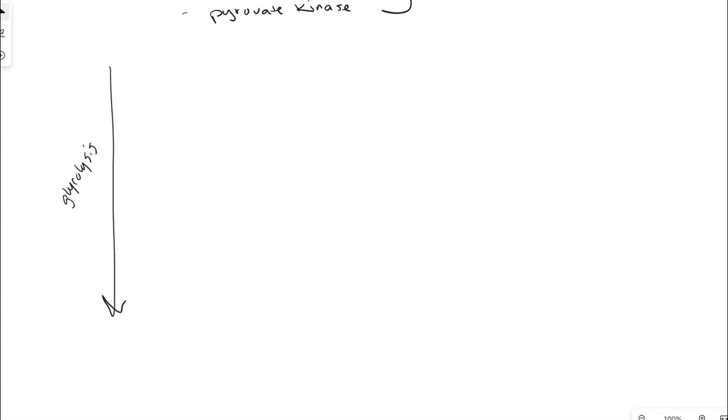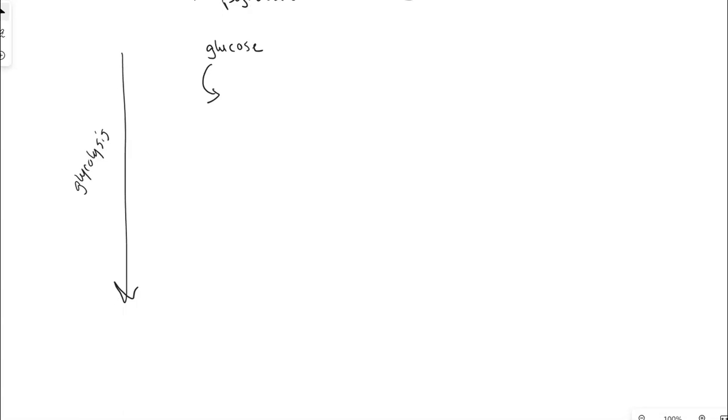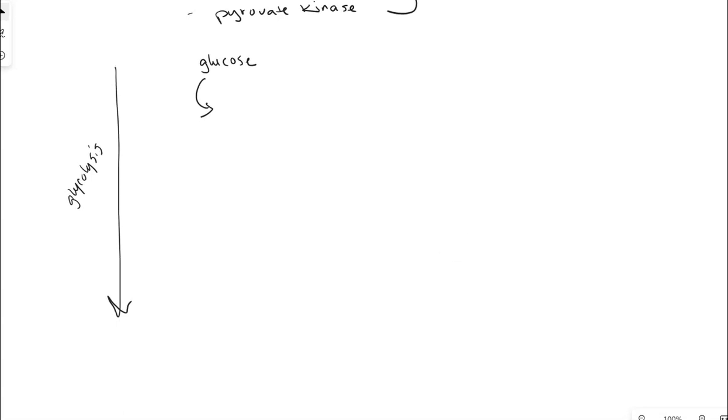So glycolysis starts out with, I know this is a bit of a flashback, glucose, and glucose reacts with ATP, yielding ADP. And this gives us our initial phosphorylation, glucose 6-phosphate.